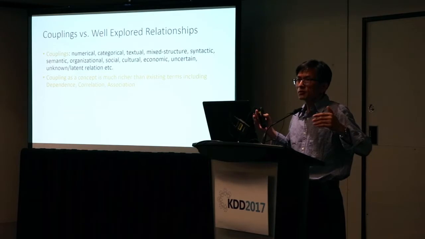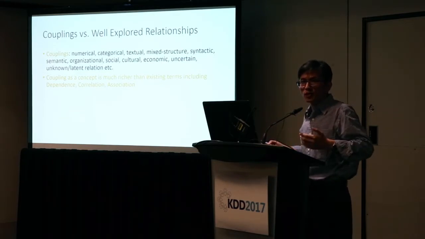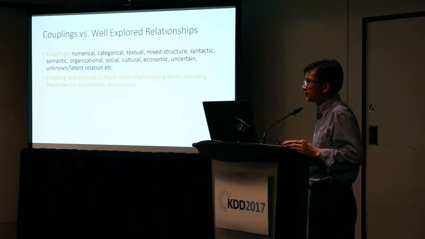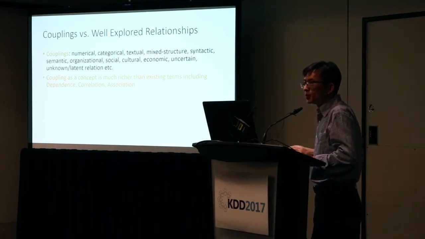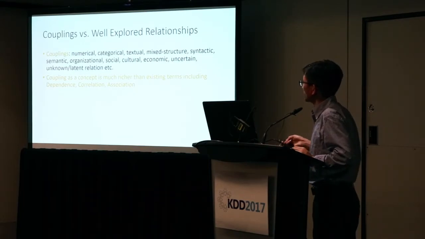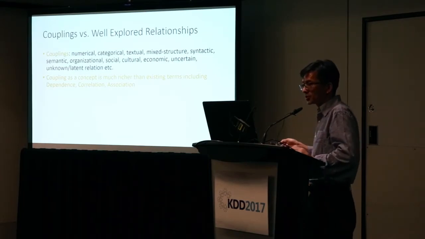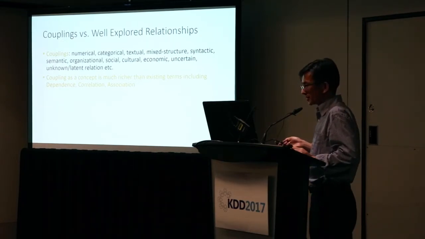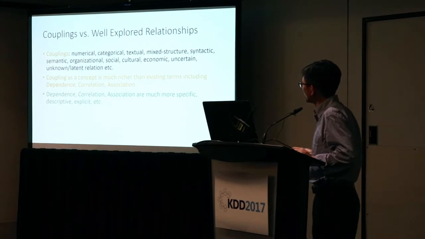Is this a dependence? Is this a correlation? Is this an association? There are many things that drive your behavior, and they may not be described just by dependence, correlation, or association, which have been well quantified or formalized. Does that make sense to you?